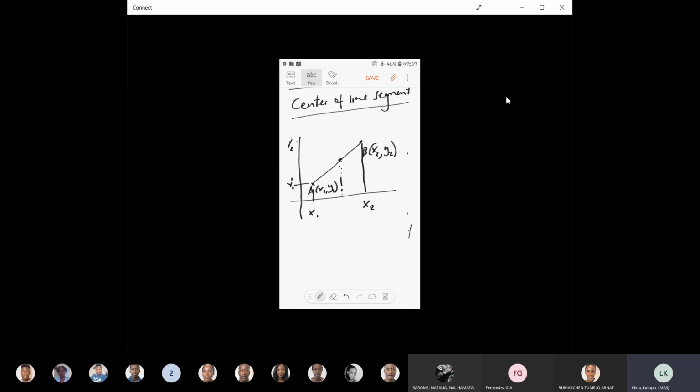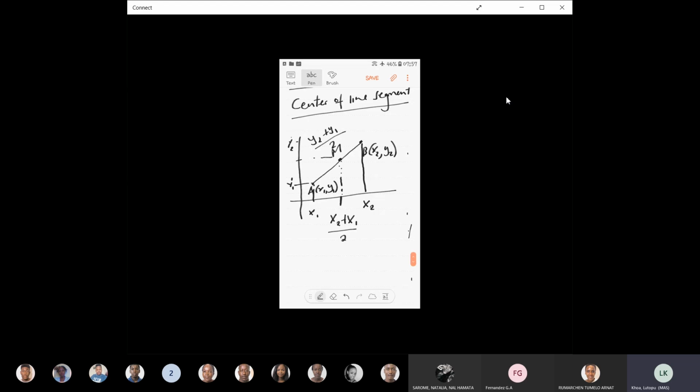The same thing applies over here. The x coordinate is x2 plus x1, and then I divide by 2. For the y coordinate, I do the same thing: y2 plus y1, divided by 2. You can also have x1 plus x2 divided by 2. It's the same because addition is commutative; the order that you add them in doesn't matter.